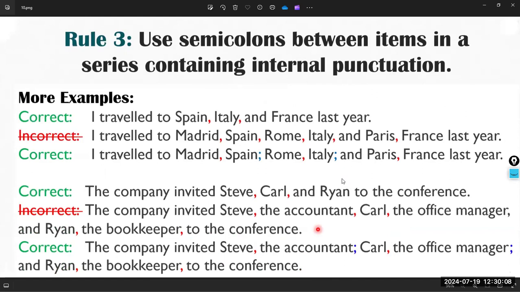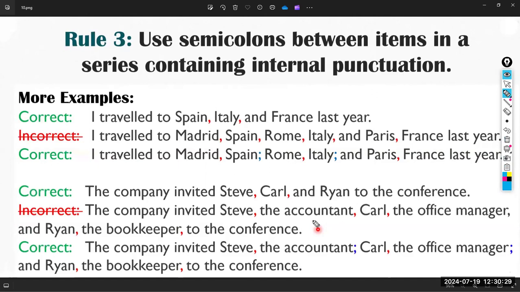Okay, absolutely. We have more examples. This example is saying, the company invited Steve, Carl, and Ryan to the conference. This is the normal sentence and I used the commas in their correct places.